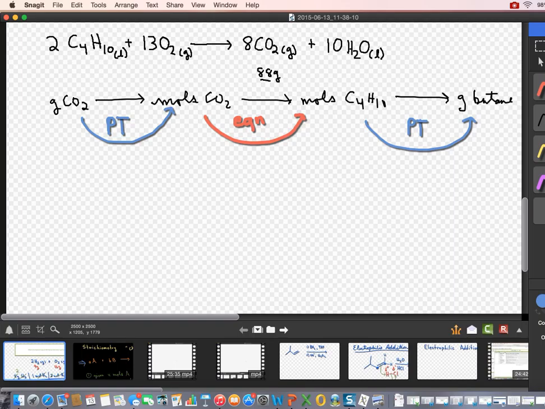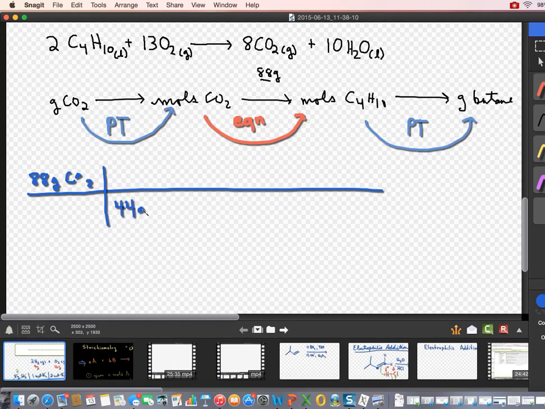So we begin with 88 grams of CO2. The molar mass of CO2 is 44, and notice that this is really convenient because I know that 88 divided by 44 is 2.